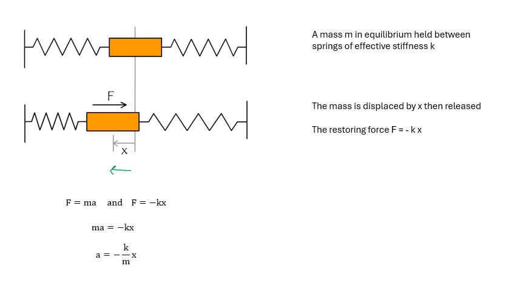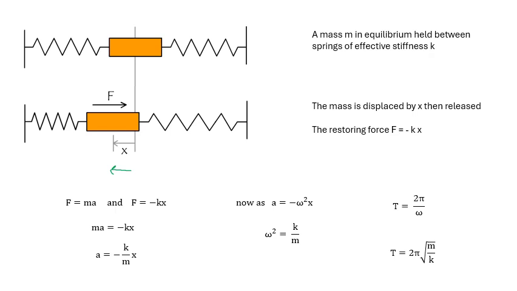F equals ma, so ma equals minus Kx, and a equals minus K over M times x. Now, a is minus omega squared x, therefore omega squared is K over M. T is 2 pi over omega, therefore T equals 2 pi root M over K.